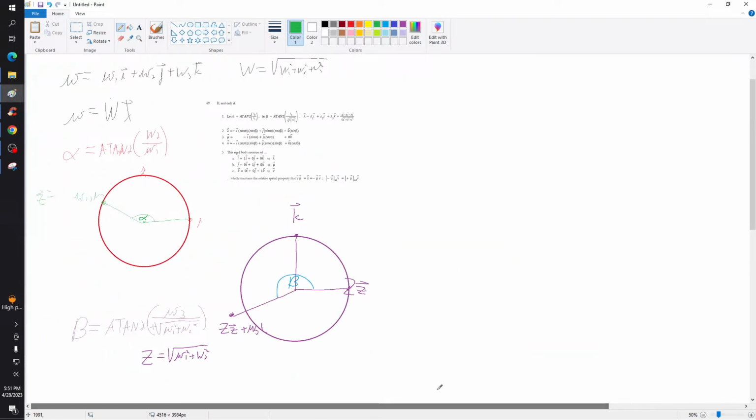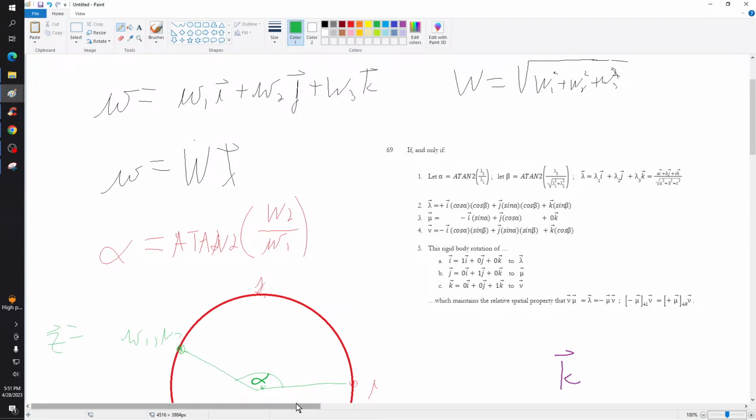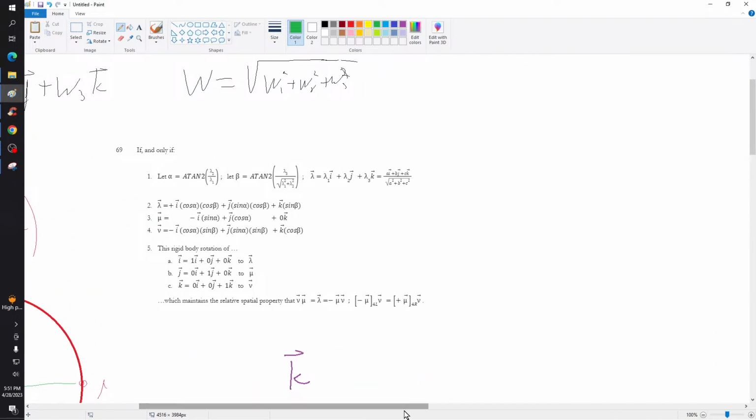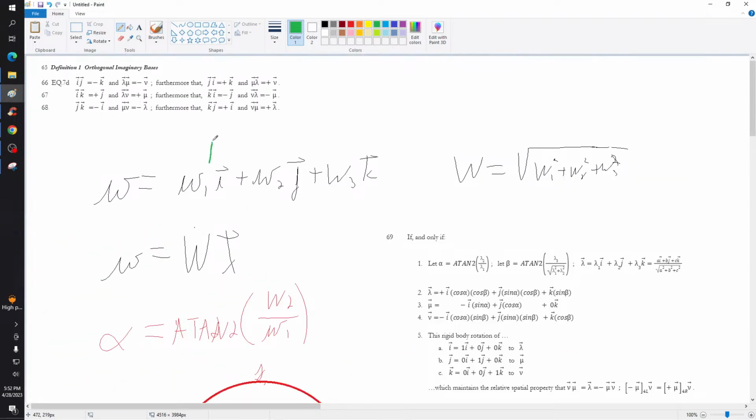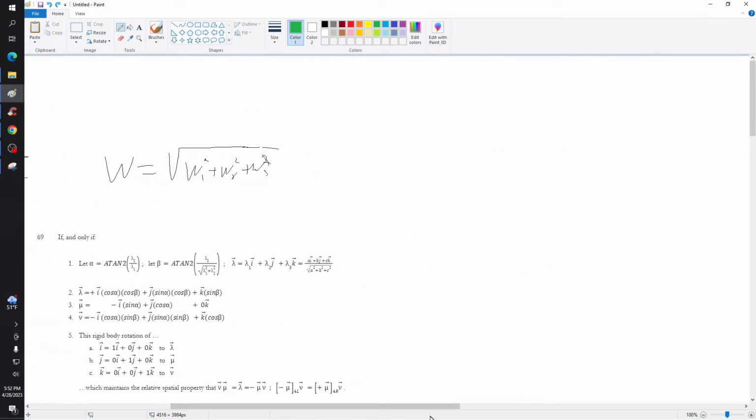We now go ahead and rewrite lambda, which is the unit vector that we're seeking to write in terms of ijk. It is equal to positive i cosine alpha cosine beta plus j sine alpha cosine beta.